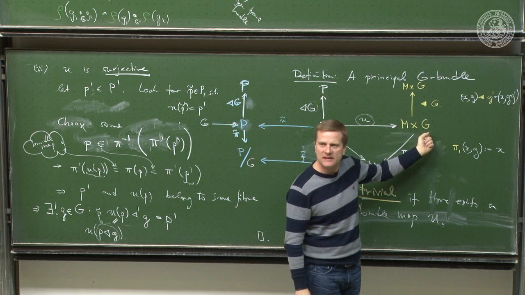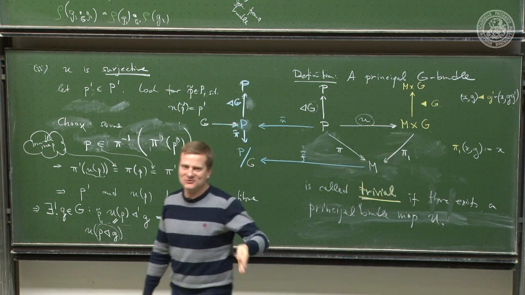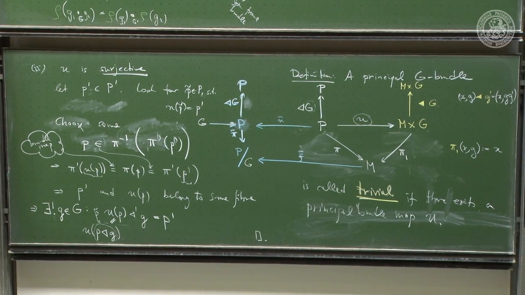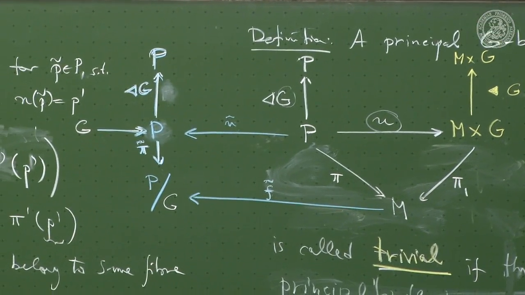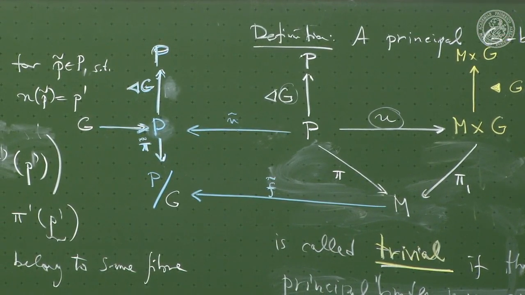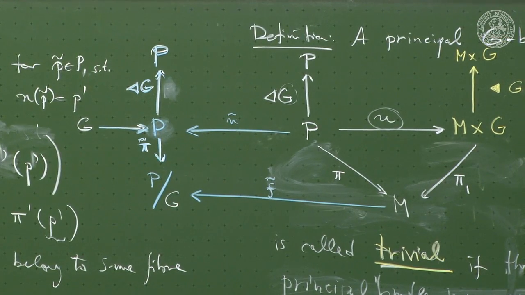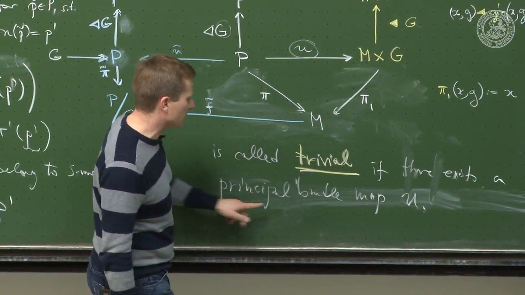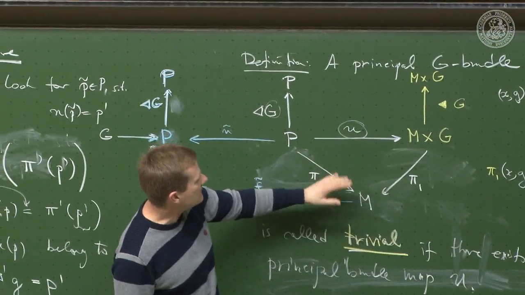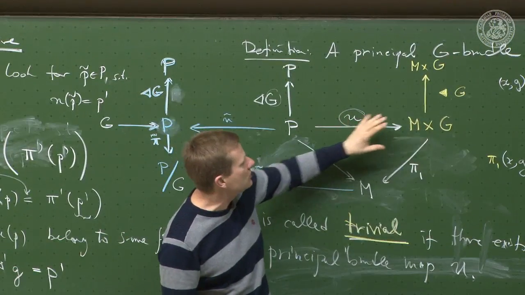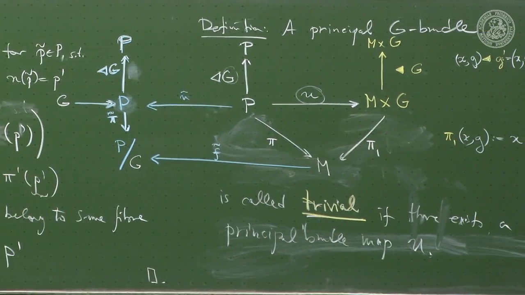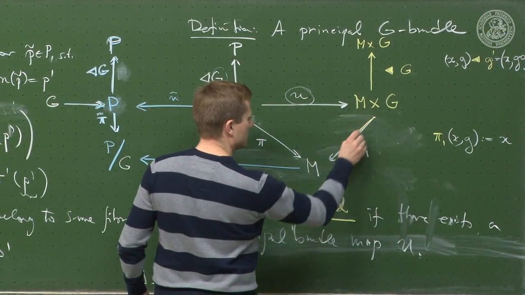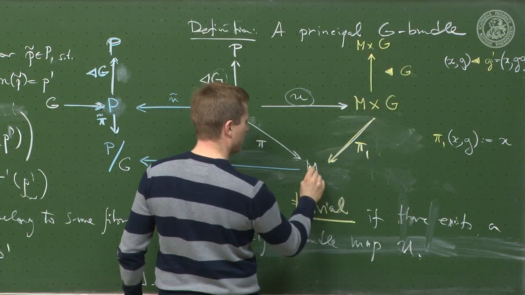Hence, it makes sense in the first place to ask this. This was going back to all the definitions. We can say that principal fiber bundles are isomorphic to some Cartesian product, not every one, but if there exists a principal bundle map U from the white guy to the yellow guy, where this really should be yellow, right? And this is half white, half yellow.